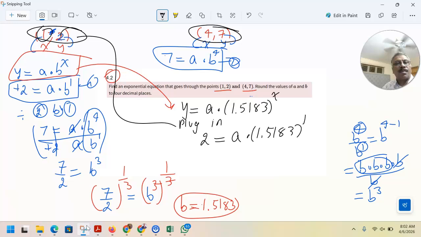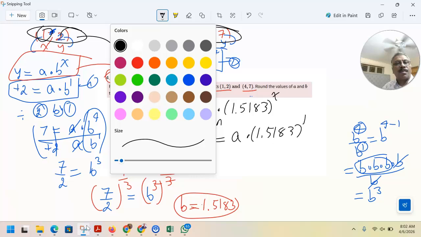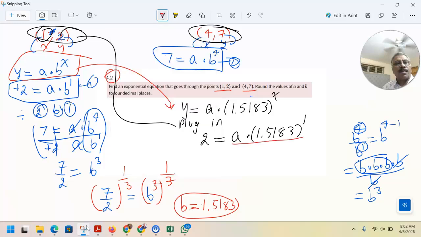So to solve for a, divide this by 1.5183. Because this one will make it the same number. So this is 1.5183, so this crosses out. Put this in the calculator. You'll see you get a equals 1.3173.